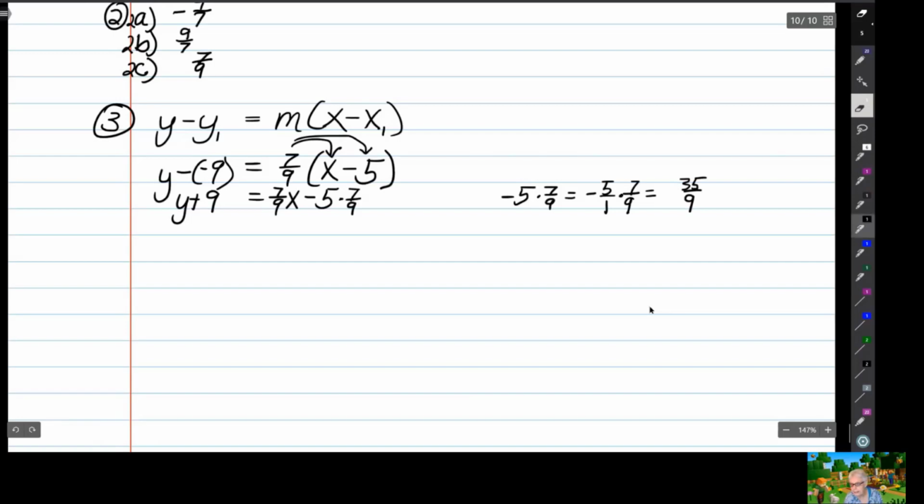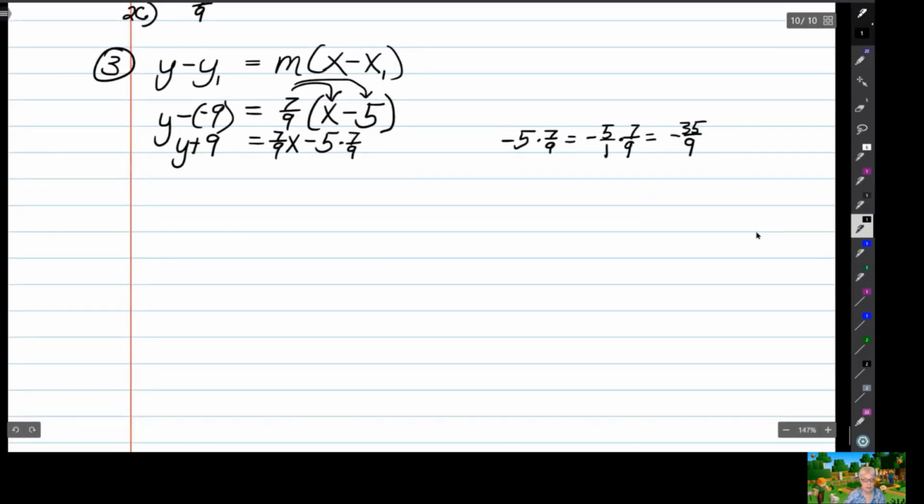I'd rather have the minus sign down in front like that, because negative times positive is negative. So that will give us y plus 9 equals 7/9 x minus 35/9.